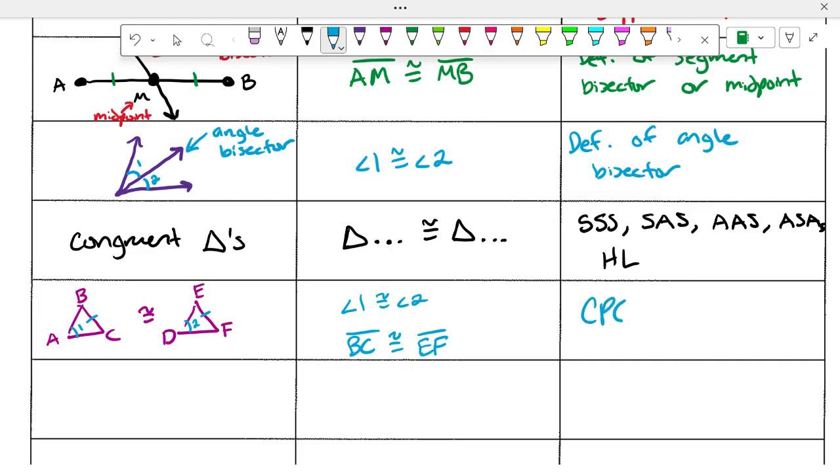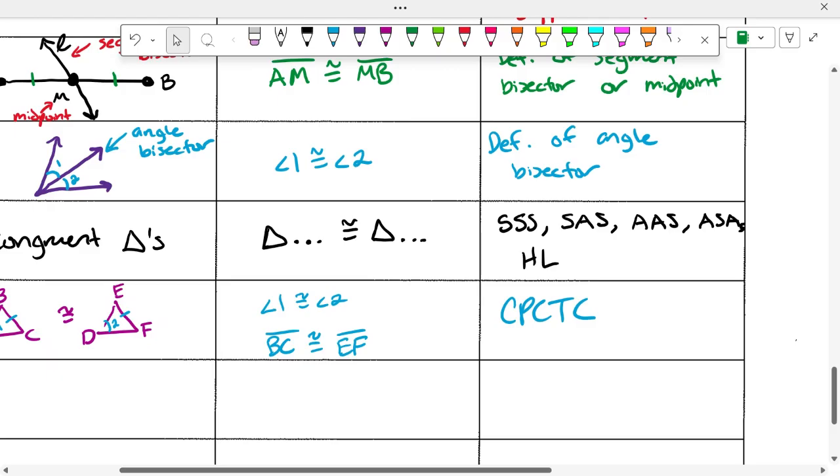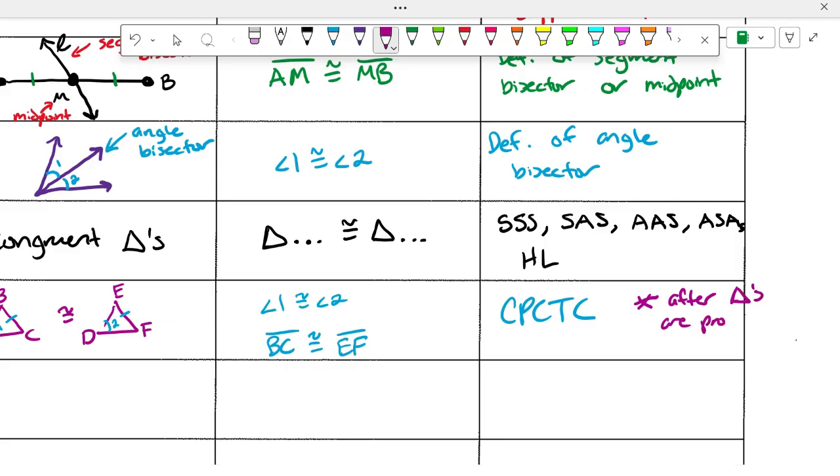Because of CPCTC. So corresponding parts of congruent triangles are congruent. That's what CPCTC stands for. And remember, you can only use CPCTC after triangles are proven congruent. If you haven't shown the triangles are congruent, CPCTC should not show up in your proof.